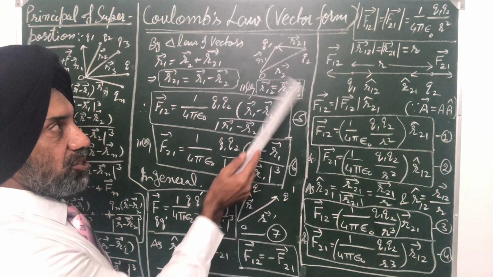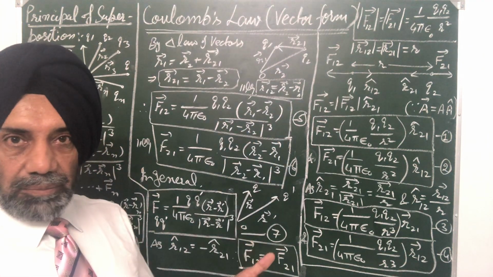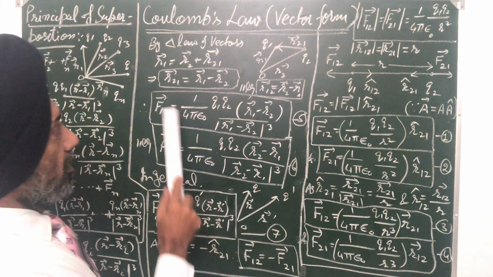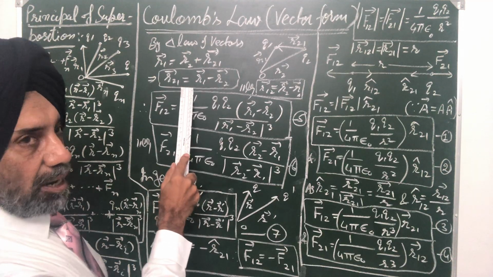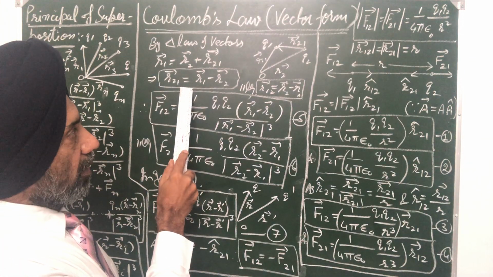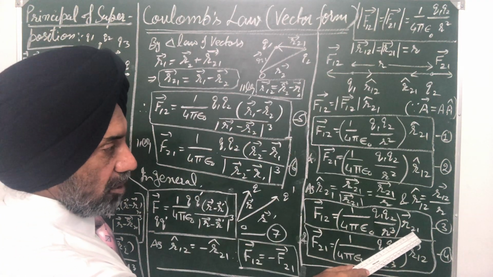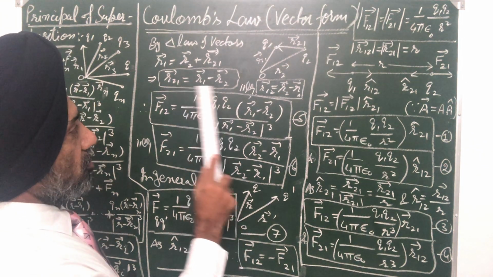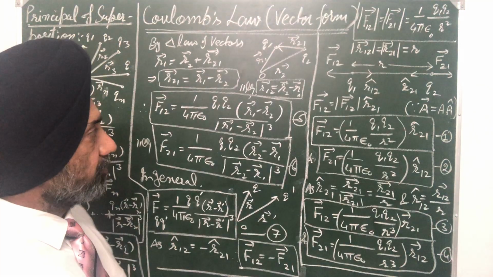The two sides which are in the same order, their vector sum must be equal to the closing side. So from here we have R21 vector is equal to R1 minus R2. So we have found R21, that is displacement vector, in terms of position vectors R1 and R2. Similarly, R12 vector is equal to R2 vector minus R1 vector.